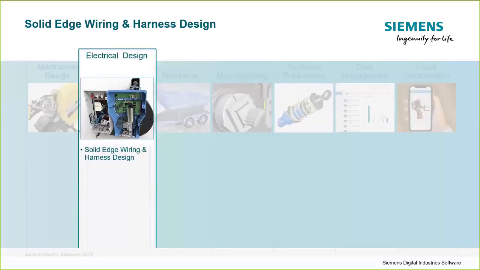For today, we're talking about the electrical design pillar, and that's where we found this Capital technology called Solid Edge Wiring and Harness Design. So that gives you a real good understanding of where the software came from and how it's now being enabled for small and medium-sized companies.